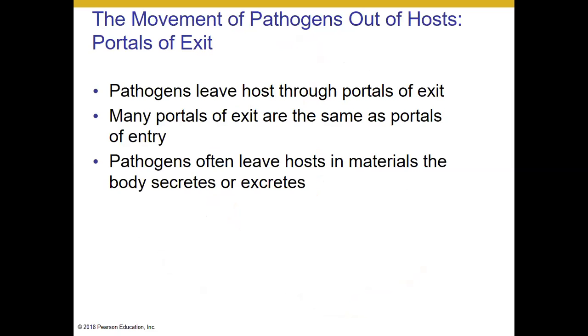And then pathogens have to be able to leave the host if they're going to be an infection that's spread. And typically, this is not surprising, the portal of exit is the same as the portal of entry. And we often see for us, body secretions are typically a way that things are spread from us.